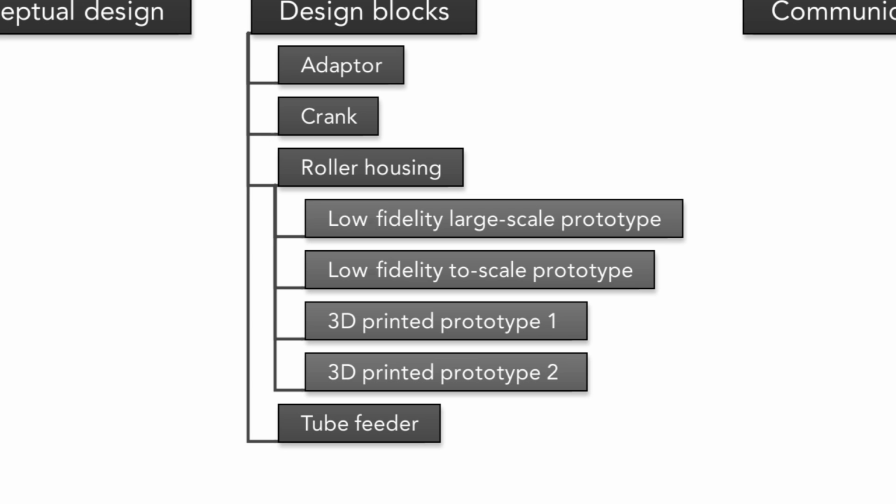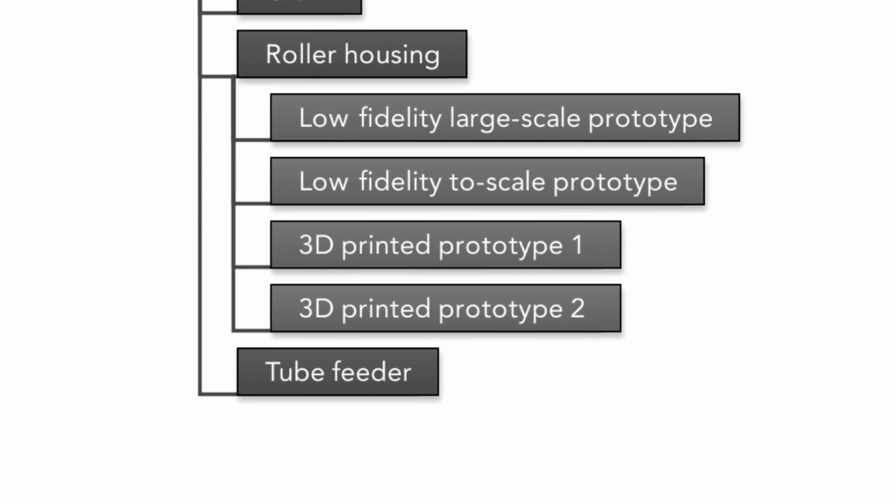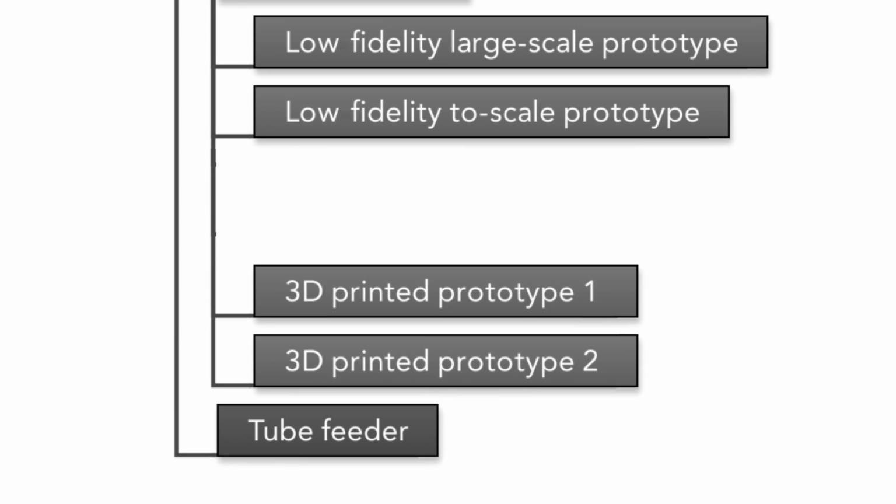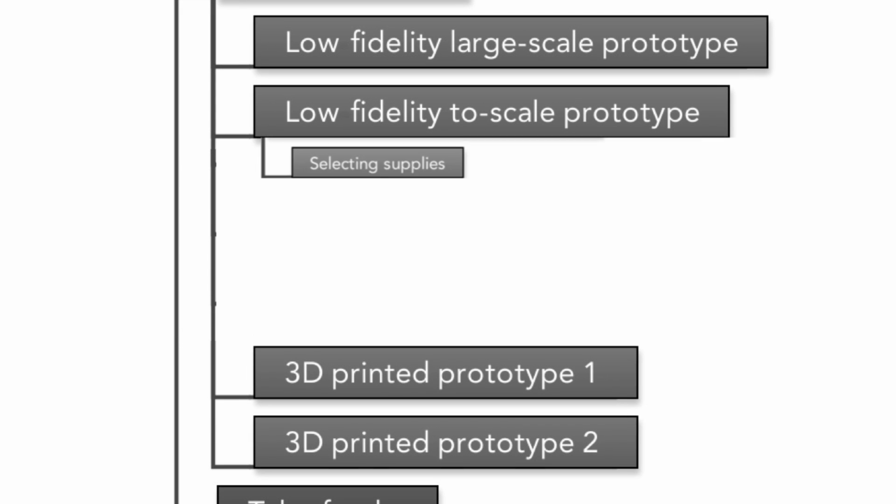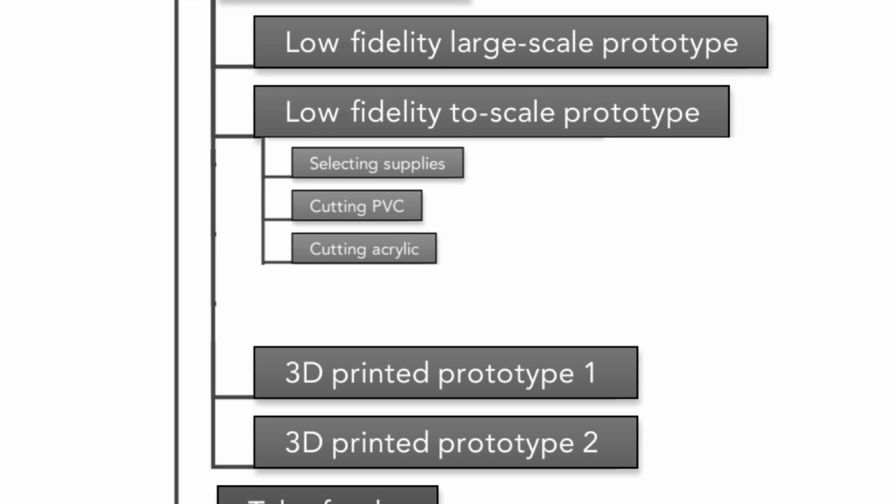Even though 4 subtasks have been identified, it is still hard for the team to estimate the time needed to complete a subtask. In addition, the skills for each subtask are fuzzy, so it is hard to assign a person to each subtask. So let's zoom in on the low fidelity 2-scale prototype. Creating additional subtasks could include selecting supplies, cutting PVC, cutting acrylic, and assembly.